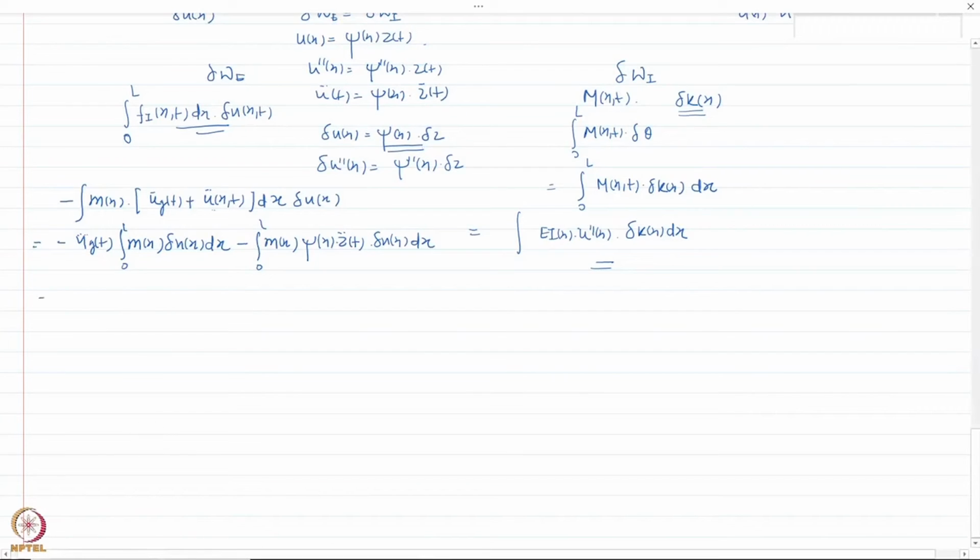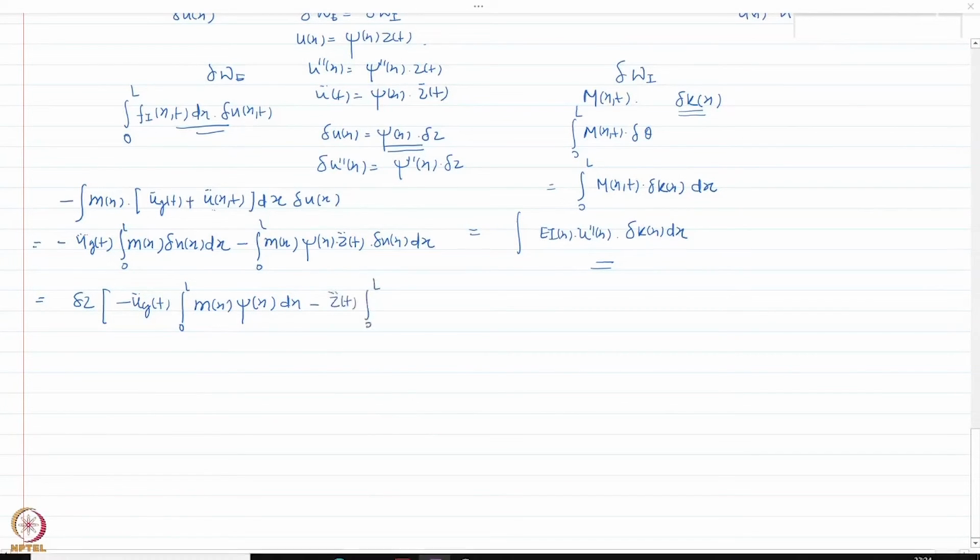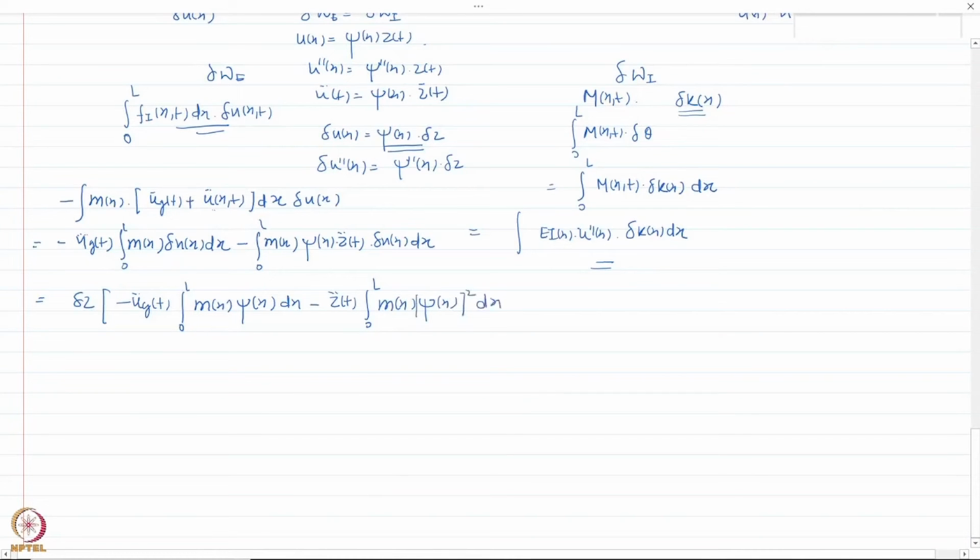So that I get this as del z times minus u_g double dot (t), integral 0 to L, m(x) phi(x) dx, and then here minus z double dot (t), integral 0 to L, m(x) phi(x) squared dx.